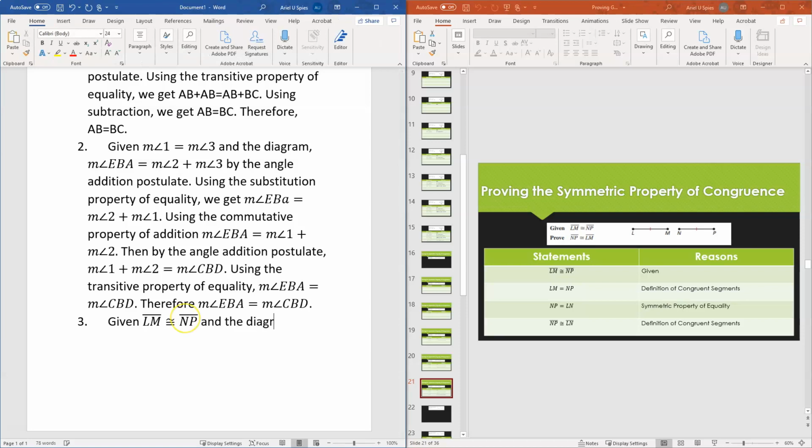And the diagram, I can say LM equals NP by the definition of congruent segments. Then I have my next sentence, the symmetric property of equality.